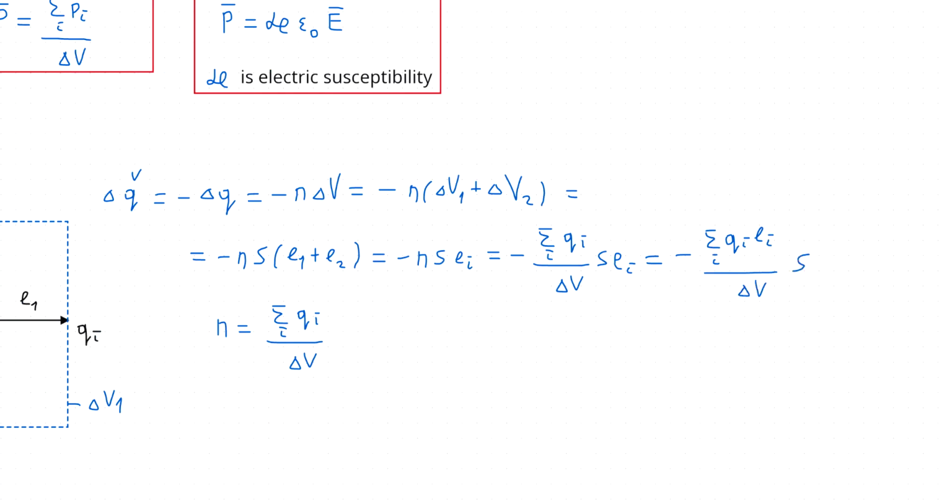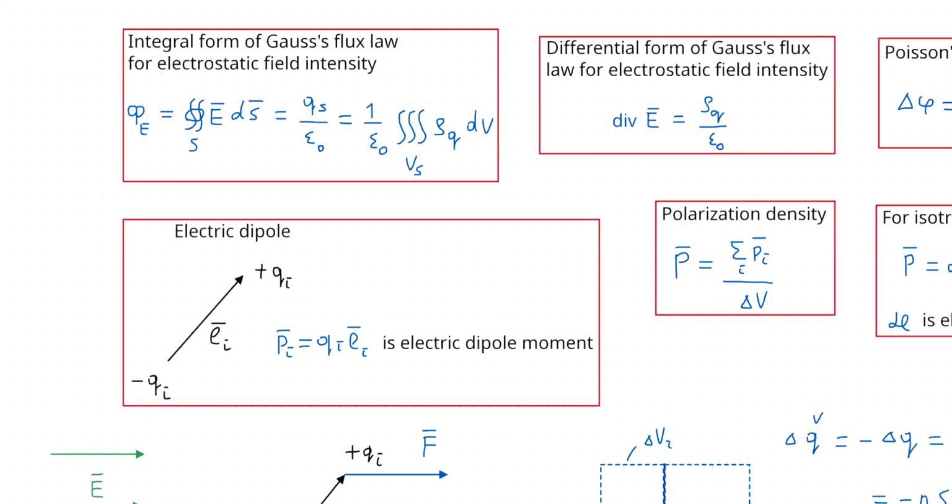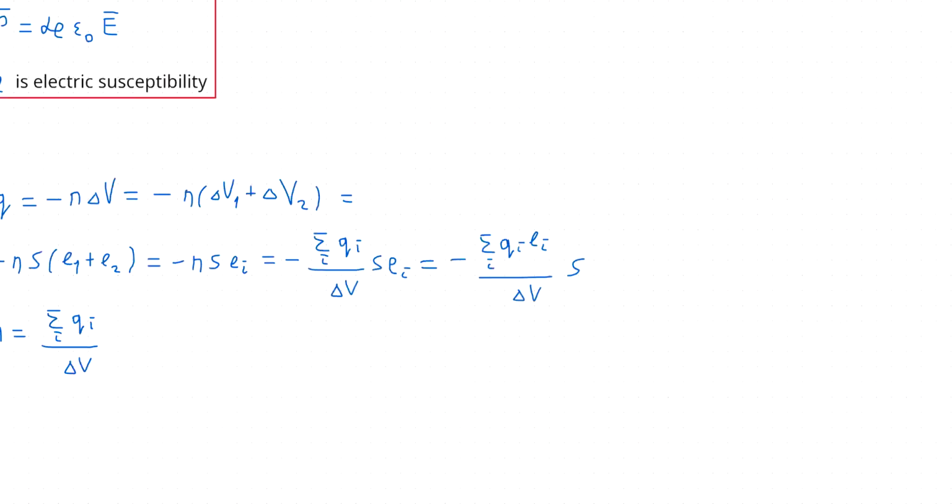But we know that the product of Qi and Li is the electric dipole moment.